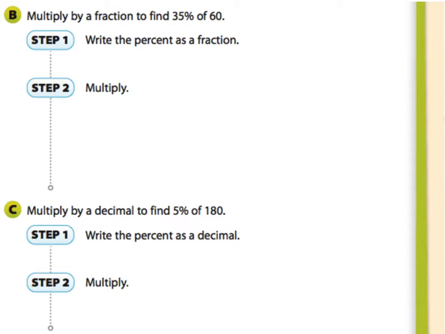So write the percent as a fraction. Again, we want 35% of 60. So I have 35%, so that's 35 out of 100, is equal to what's the part out of 60. Right?